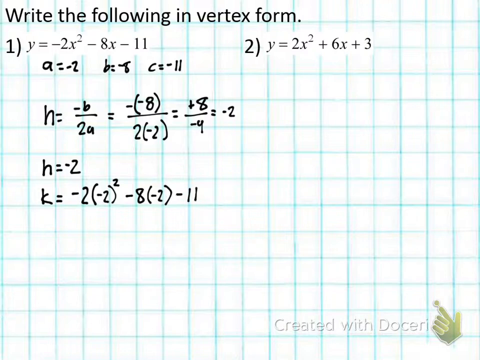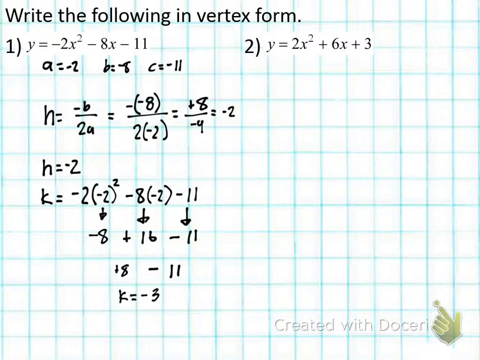Negative 2 squared is positive 4. 4 times negative 2 is negative 8. Negative 8 times negative 2 is positive 16, minus 11. Then we just work it out. Negative 8 plus 16 is positive 8. Positive 8 minus 11 is negative 3. This is our k.